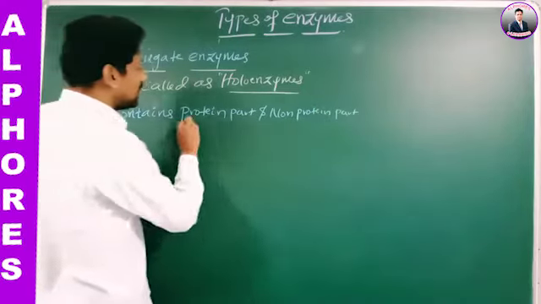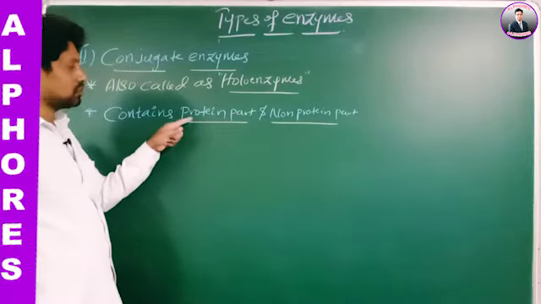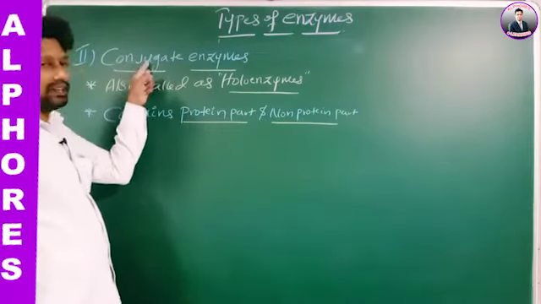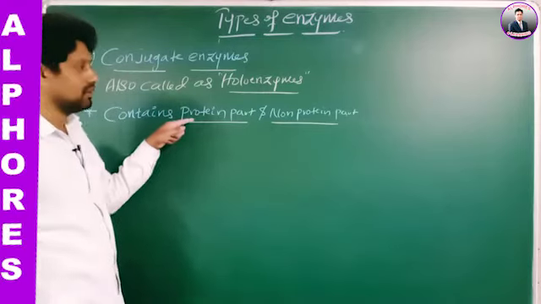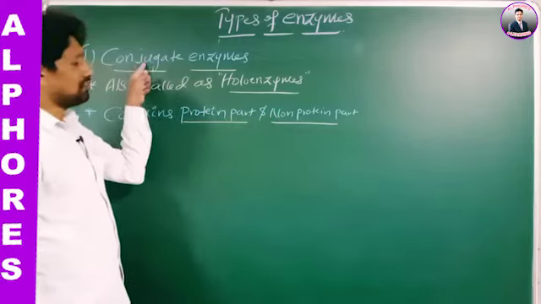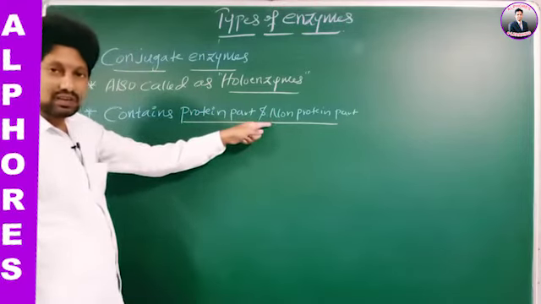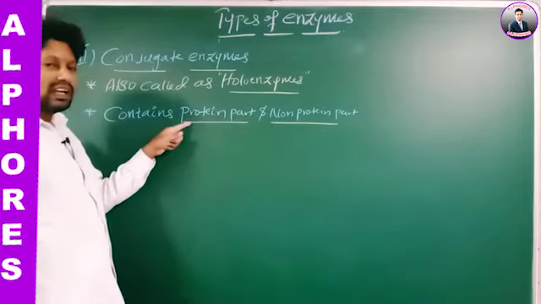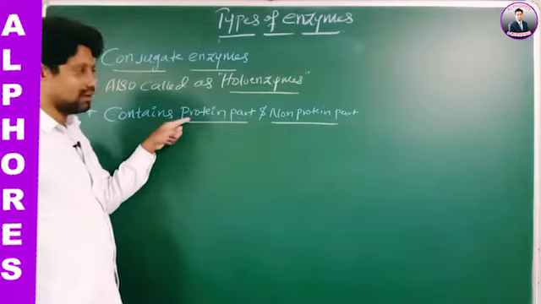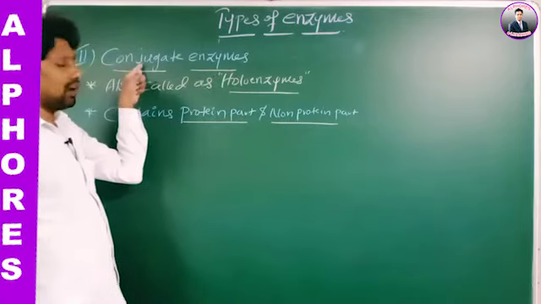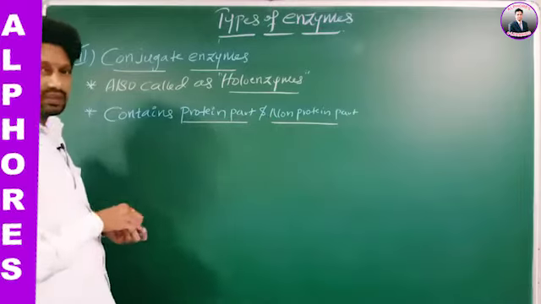The protein part of a conjugate enzyme is called apoenzyme. The non-protein part of a conjugate enzyme is called a cofactor. What is it called?